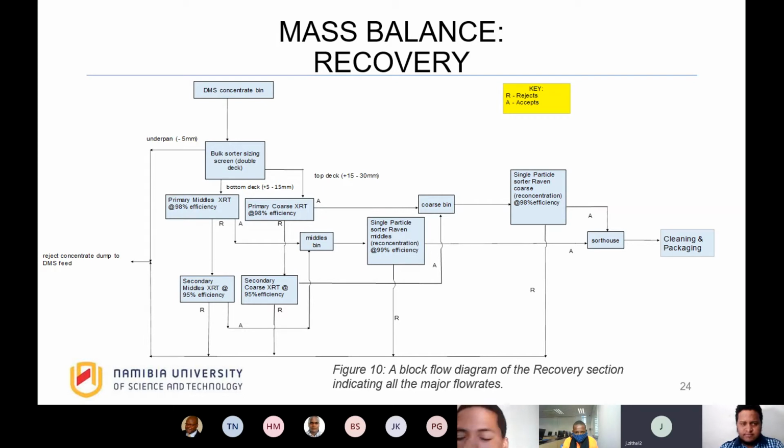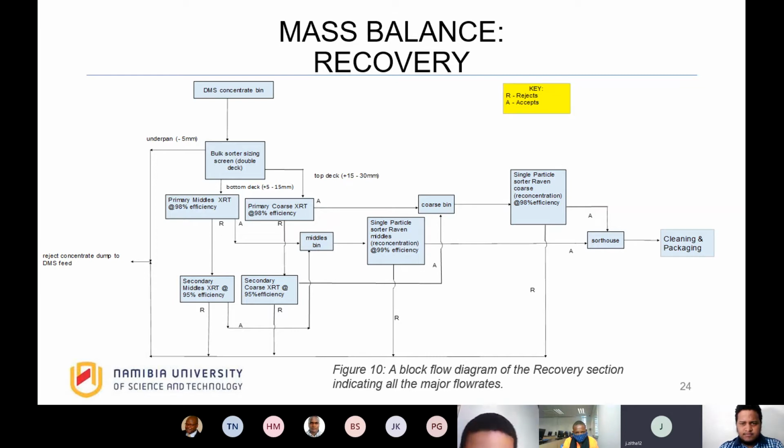From your coarse and middles primary machines, your accepts, which are now your diamonds in this case, will go to the middles and the coarse bins respectively, while the rejects from those two machines will go to your secondary XLT machines, your middles and your coarse machines.